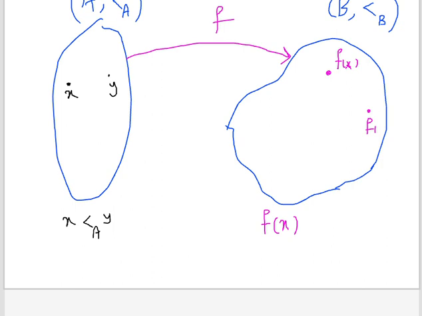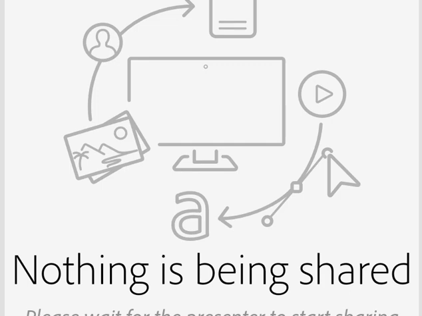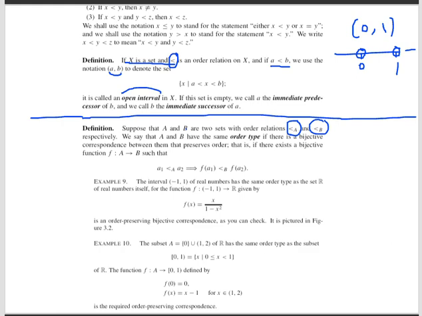Okay, F(X) is less than F(Y) with this order on B, then we say that A and B have the order type relation. They have the same order type relation. I come back to the book.